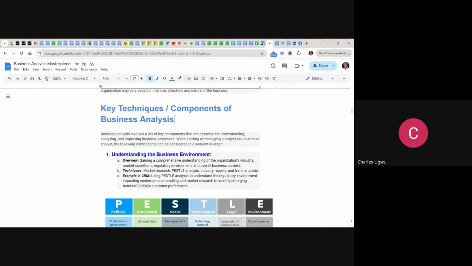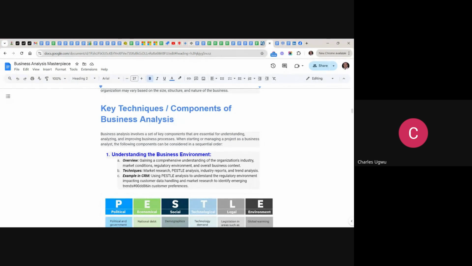If you are new to an organization, you receive your employment letter, you know you're a business analyst. The first thing you need to understand is the business environment. That is number one.